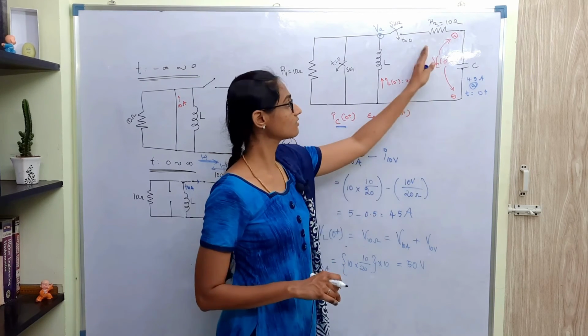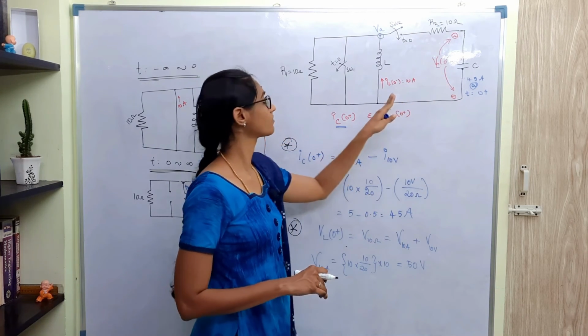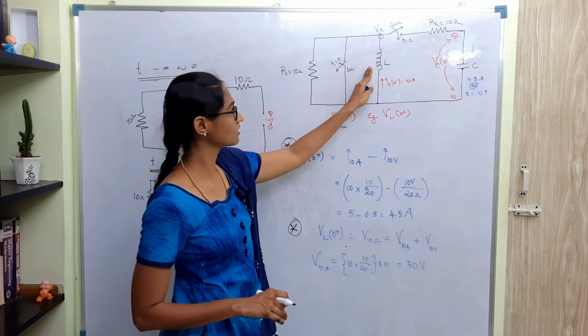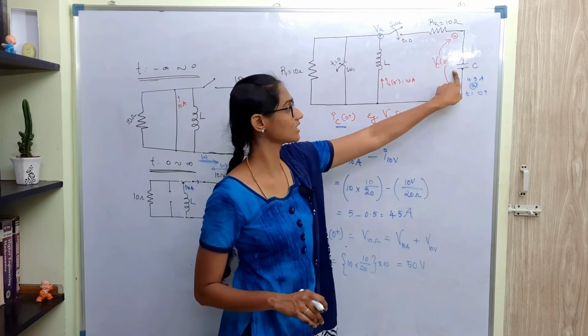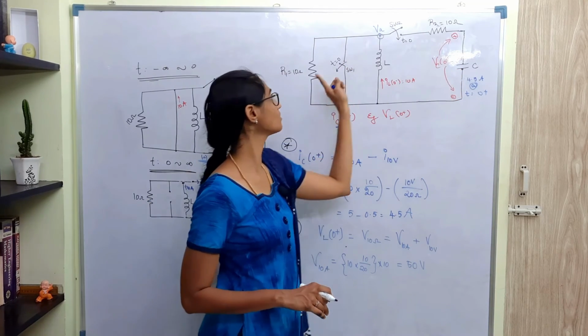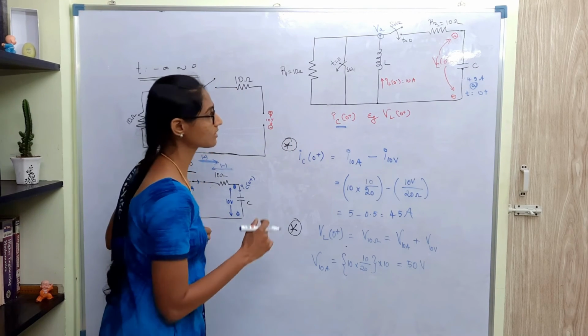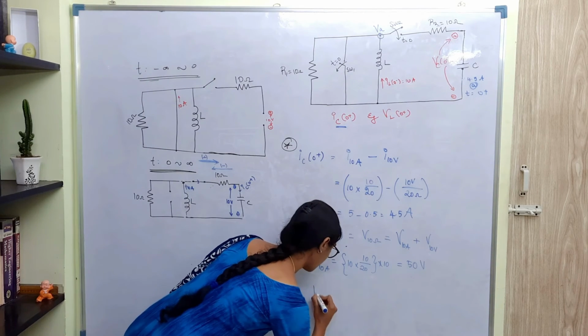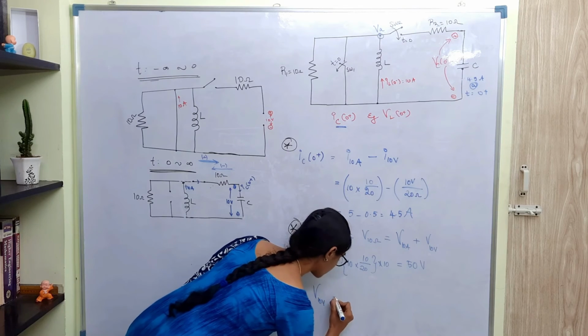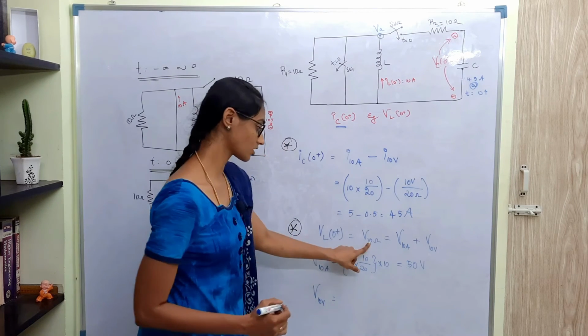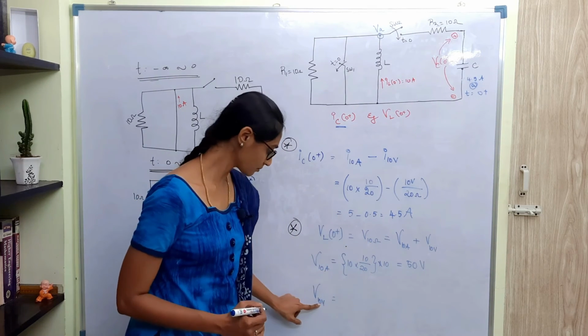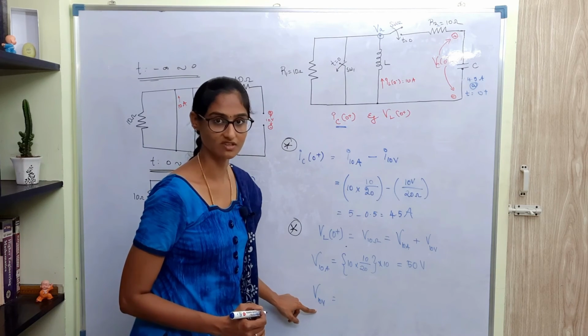Now I am going to consider the voltage contributed by this. So for that I need to be open circuiting this path, and I will have only a 10 volt source in series with two 10 ohm resistors. So in that case, what is the voltage contributed by this? Voltage due to 10 volt means voltage across the 10 ohm contributed by 10 volt. That is what is V10V.